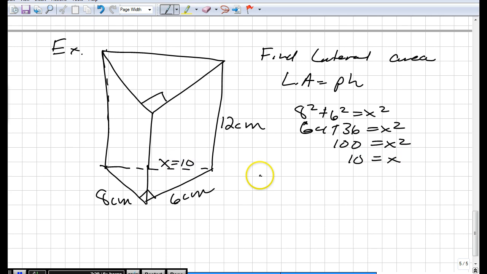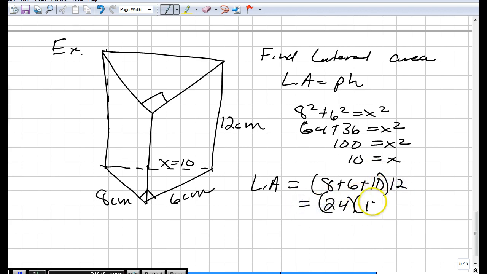Okay, so lateral area is equal to 8 plus 6 plus 10, which represents the perimeter, times the height. And in this case, we know the height is 12. So we get 24 times 12, or 288 centimeters squared.